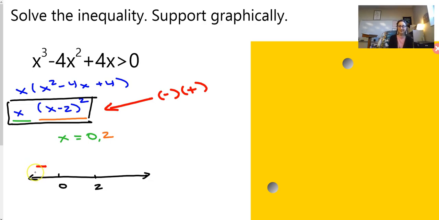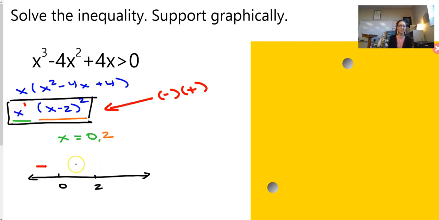All right, now here's what I'm going to do. I could keep testing values, or I can use this trick of multiplicity, and I know that even multiplicities are going to stay the same. Odd multiplicities will change. Remember, O odd, O opposite. So I'm going to go to 0, take a look at my multiplicity. Is it even or odd? It's odd.